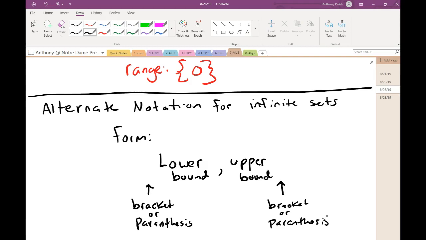But this is what an interval notation looks like. So it's going to start with a bracket or a parenthesis. It's going to have a lower bound, like a number, and then a comma. You'll have the upper bound, again, just another number, and then a bracket or parenthesis to end. And that's all an interval looks like.